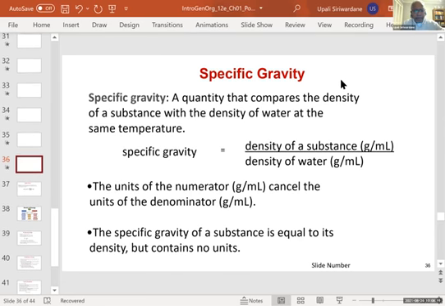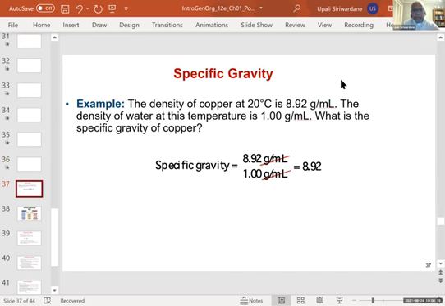For example, what is the specific gravity of copper? The density of copper is 8.92. How do you convert the density to specific gravity? The density of the material divided by the density of water, which at room temperature is 1.00 grams per milliliter.